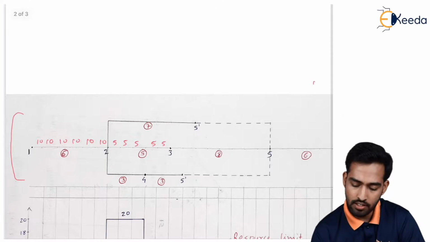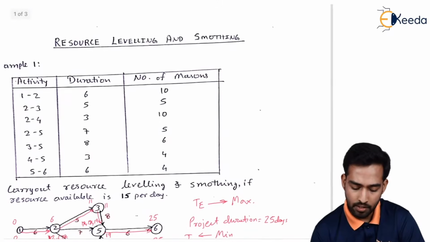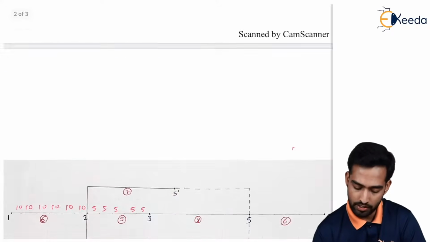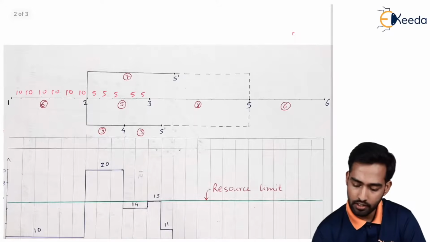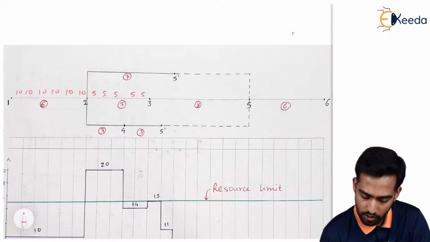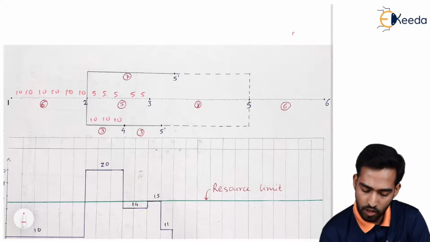Now as you can see, for your activity 2, 4 we require 10, and for 2, 5 we require 5. So write down over here: for activity 2, 4 we require 10 labors per day, and for activity 2, 5 again we require 5 labors per day.